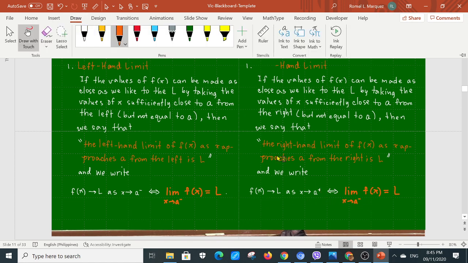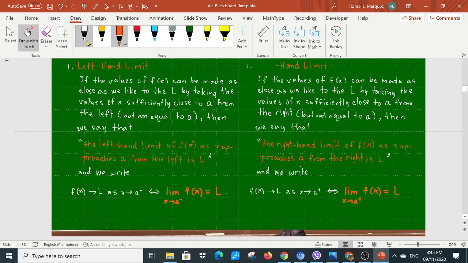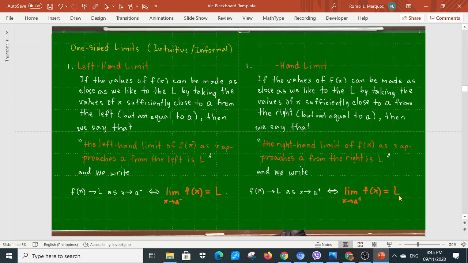And then finally, we have positive. So that's how we write the definition of right-hand limit. So again, this is the right-hand limit.